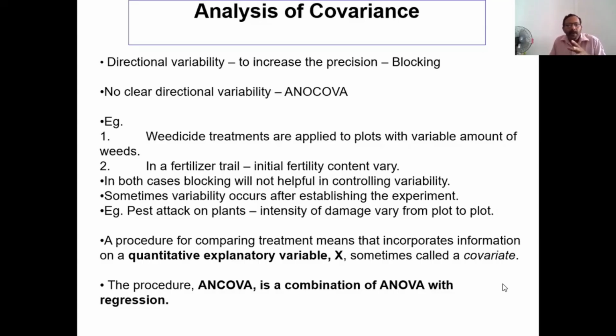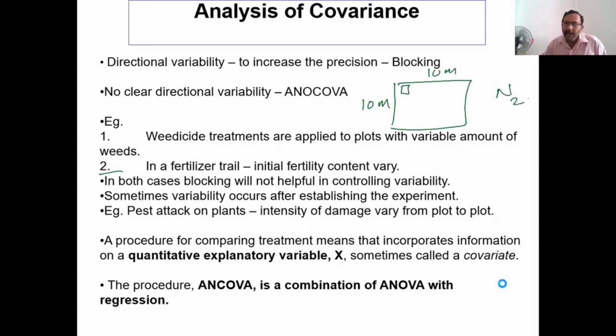Which is true for the second situation. What is that? In a field, fertility. If you take the land, 10 meter flat land, I'm just concentrating on the nitrogen.